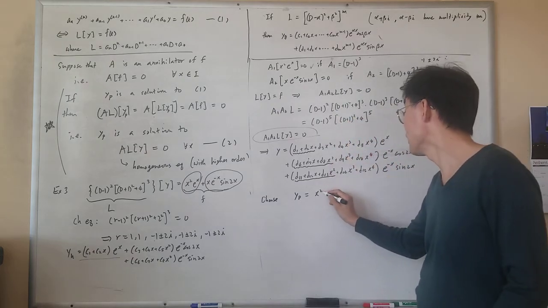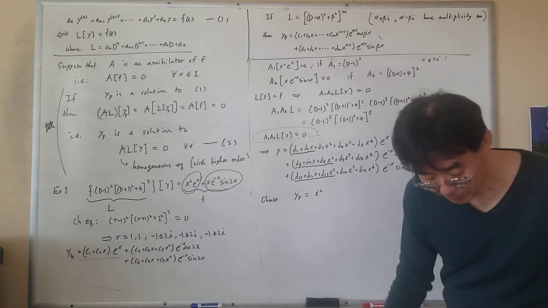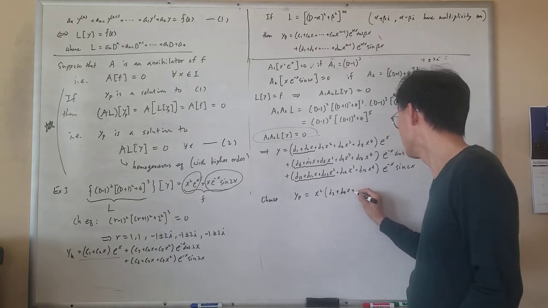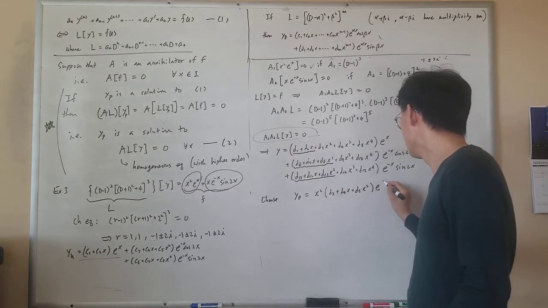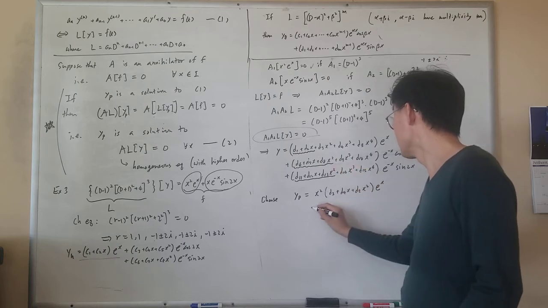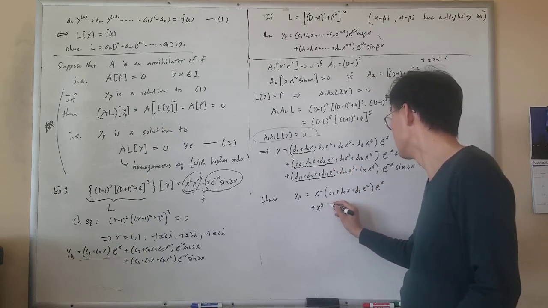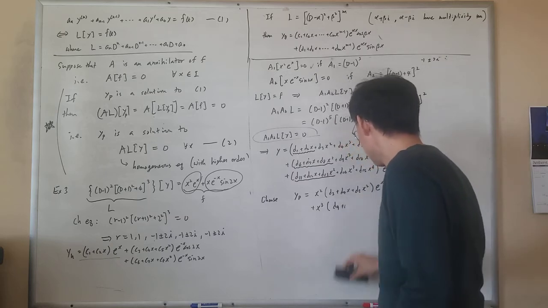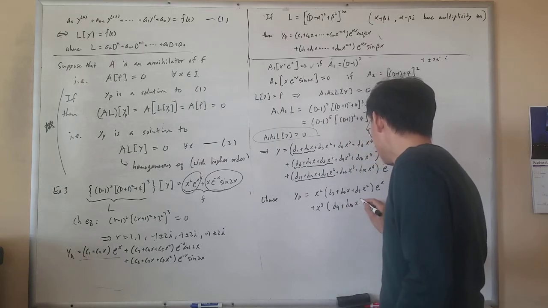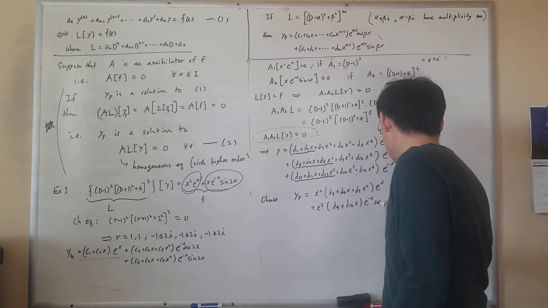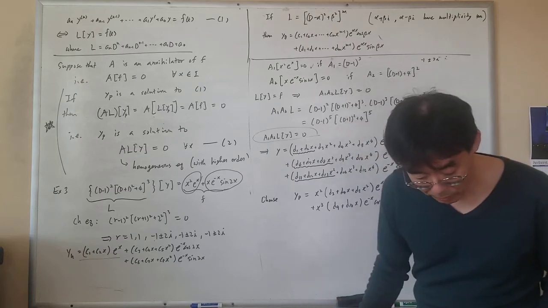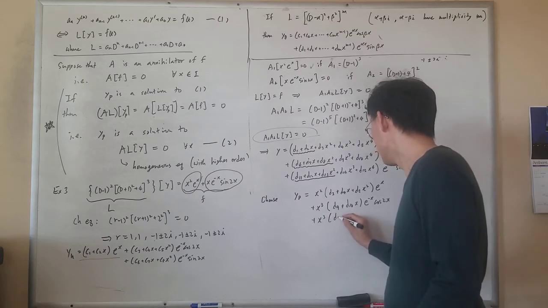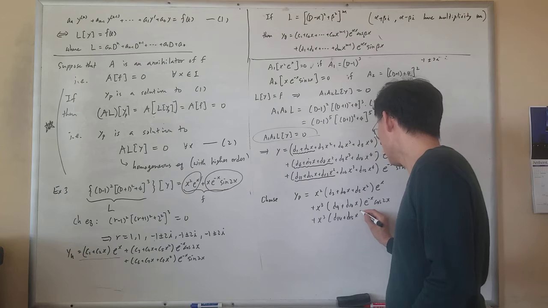I'm going to write it as x squared times d3 plus d4x plus d5x squared, e to the x here, then x to the third times d9 plus d10x, plus also the other one was the same thing, d14 plus d15 of x.